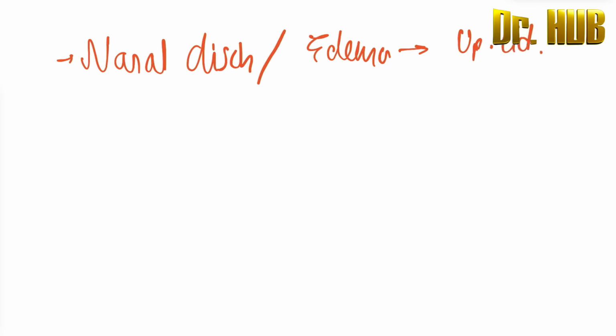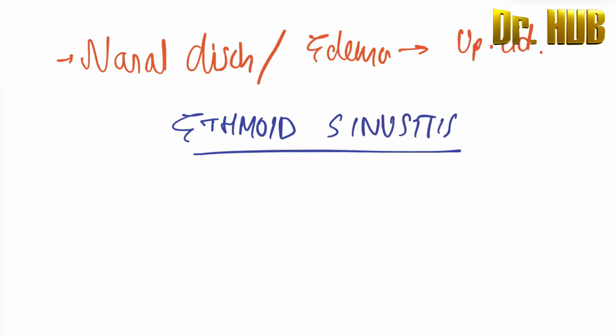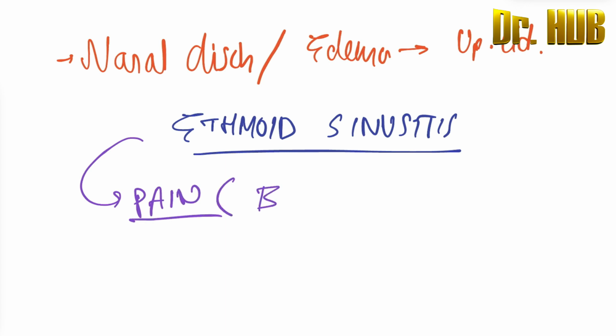Then we look at ethmoidal sinusitis. Ethmoidal sinusitis presents with pain over the bridge of the nose and deep to the eye.